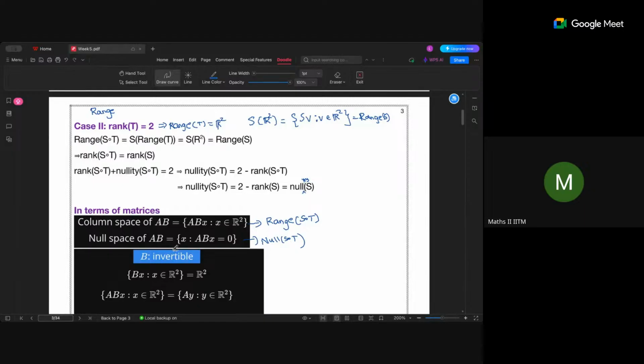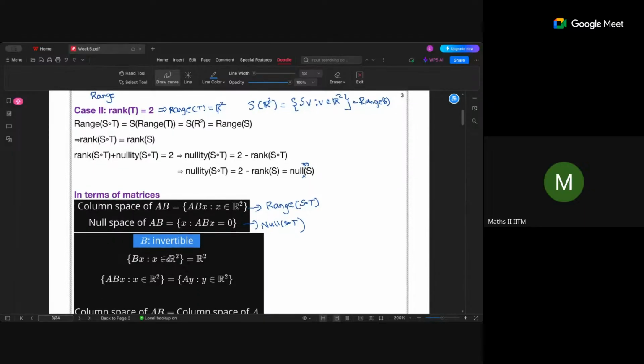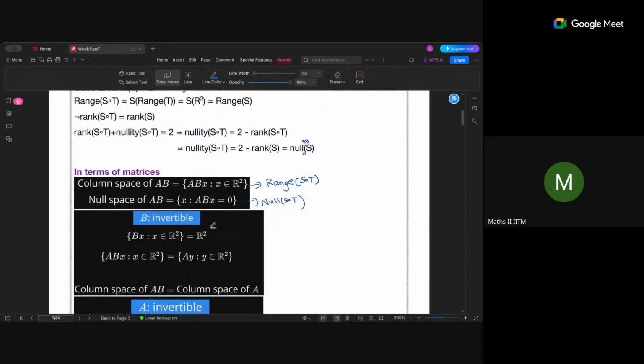Okay. Now in terms of matrices, some things are easier to visualize. Suppose B is invertible. What can you say about the column spaces? If B is invertible, you know first of all that the set of all BX such that X is in R2 is R2. How is this so?